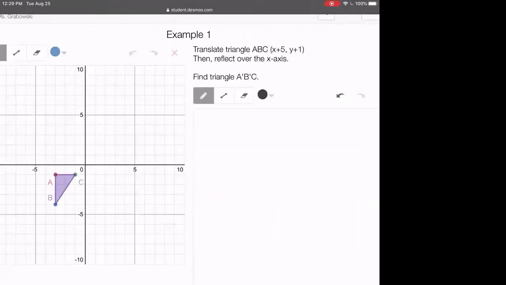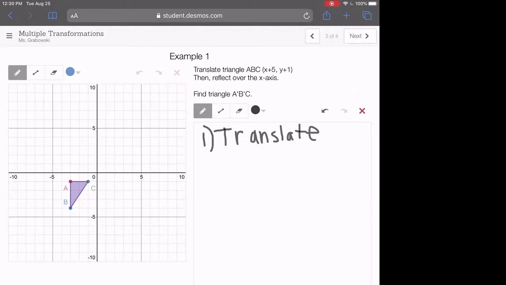So for this one, we look and it says the first thing to do is translate triangle ABC, and it'll be x plus 5 and y plus 1. So step 1 is translate the triangle. So I'm gonna first plot the points. So I know that it says x plus 5.